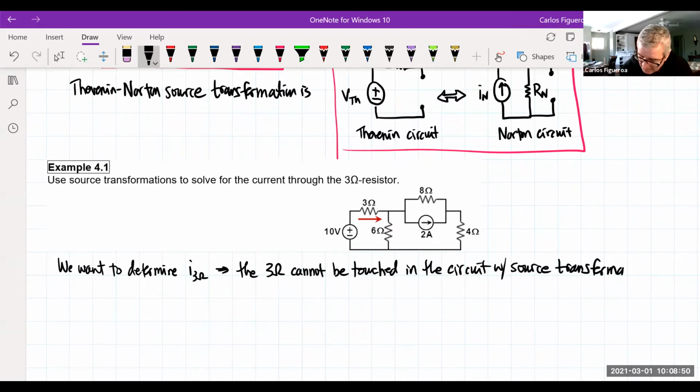So that means I can use everything else. I can reduce anything else except that one resistor right there. Okay, so let's go do that.